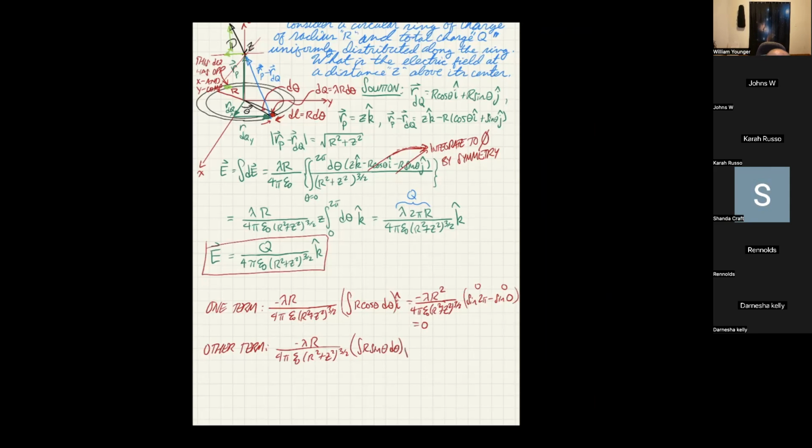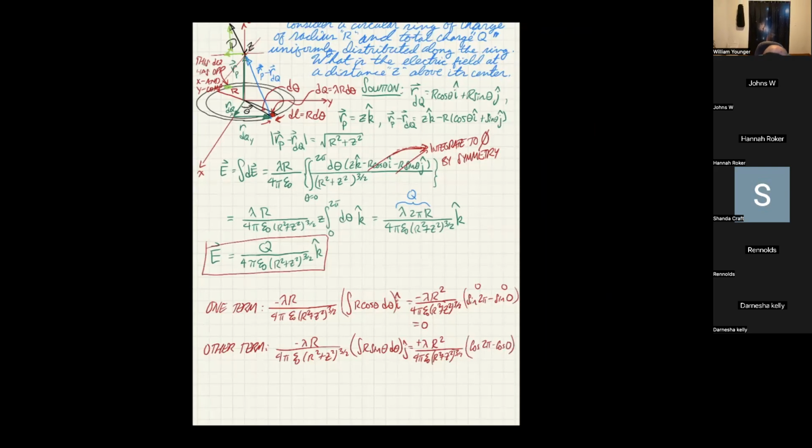In this case, it's j hat, though. So that's going to be negative lambda r squared over 4 pi epsilon naught r squared plus z squared to the 3/2. And then, of course, the derivative of cosine is negative sine. So the integral of sine should be negative cosine. So I can put that in there, and that'll make that plus. So I'll then say cosine 2 pi minus cosine 0.